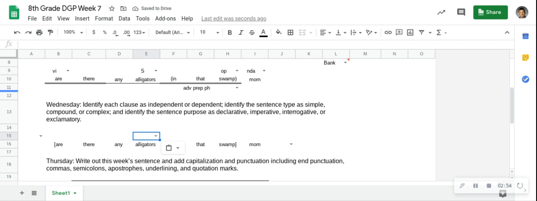Did it move for you? Do you have a drop-down menu there? Is it on the left or is it on the right, or is it in the middle of the clause? Okay, so you need to move it into your clause box. And you're not the only one still struggling with this, because when I grade these it's fairly common.